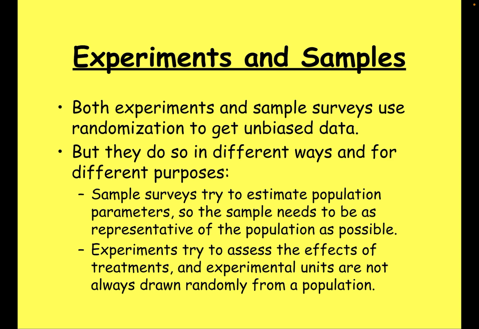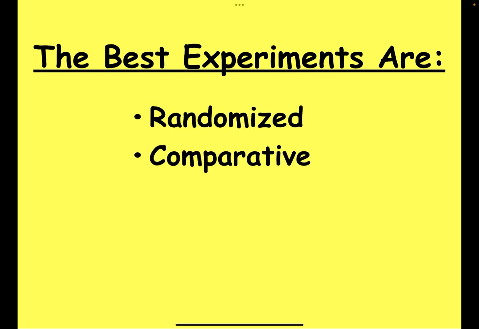But the best thing for us to come back to, overarching, because it does come up in a lot of multiple choice questions, is really asking, what are the best types of experiments? What is important for experiments to be the best? Well, there has to be some form of randomization or random assignment. It has to be comparative, usually to some sort of control group.